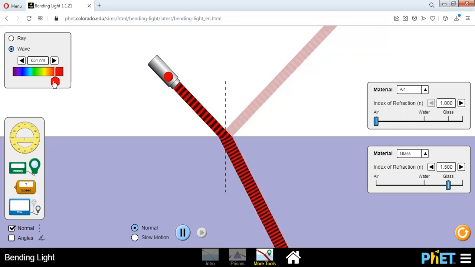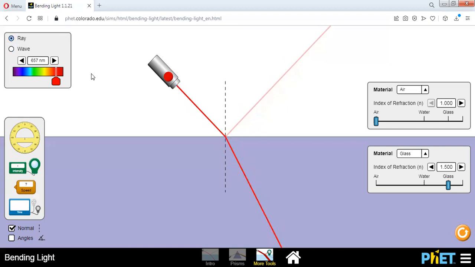If you want, you can also change the wavelength of the wave by sliding this slider. I prefer the ray model to describe these concepts because it's much easier, but in some situations I will use the waveform. For now I'm going to use the ray mode.